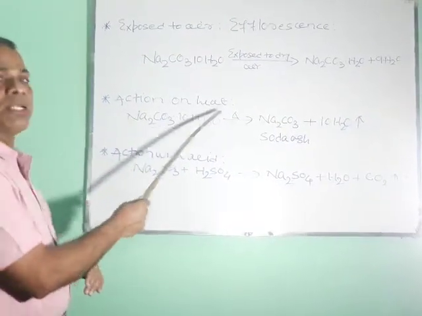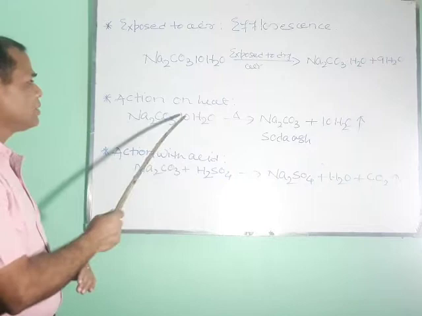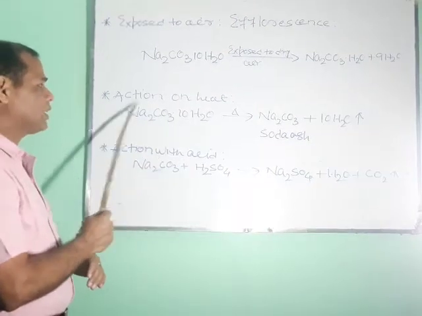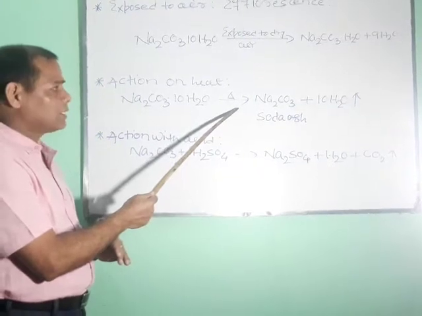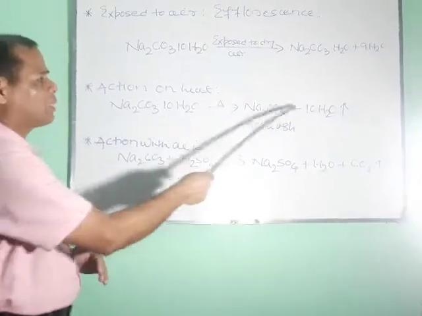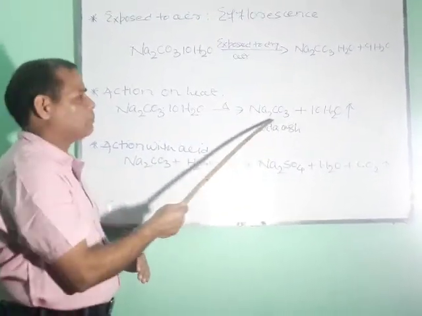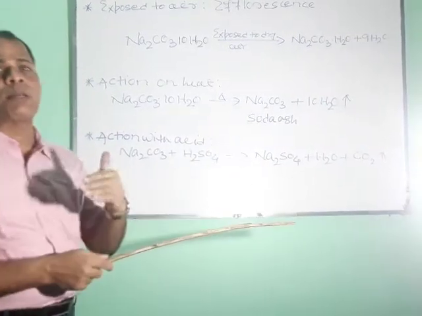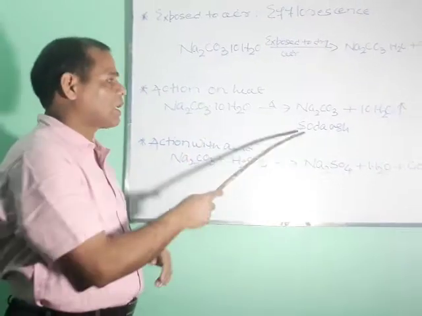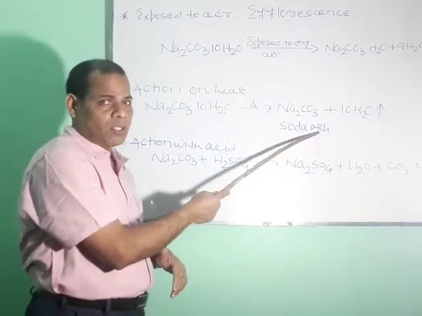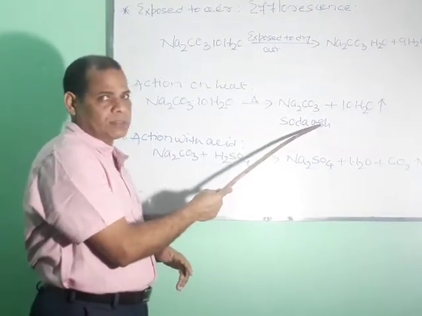Now, action of heat. When washing soda Na2CO3·10H2O is heated, it loses all the water molecules and becomes anhydrous sodium carbonate, also called soda ash.